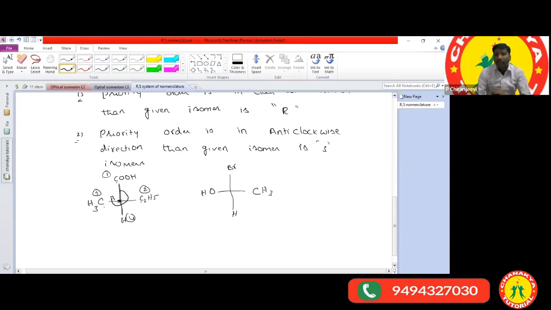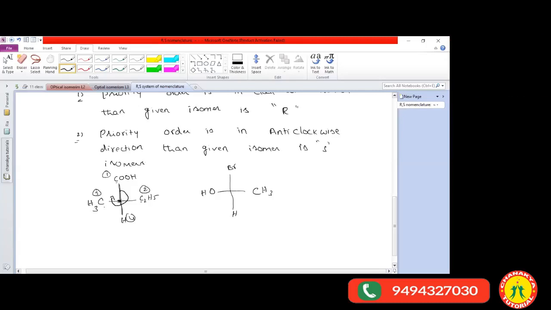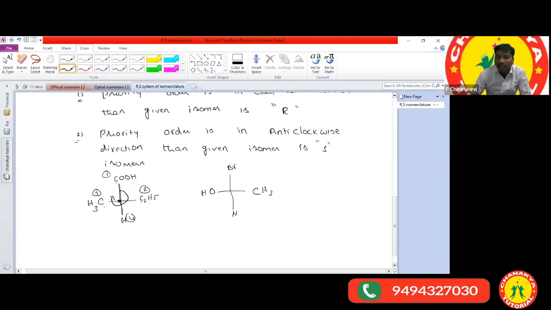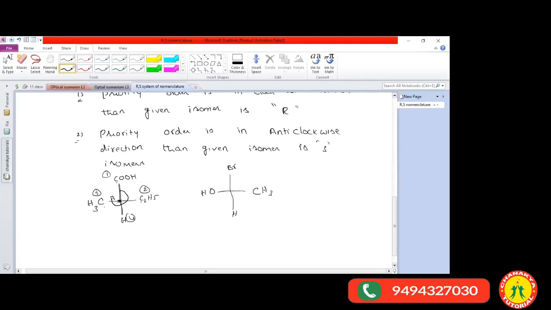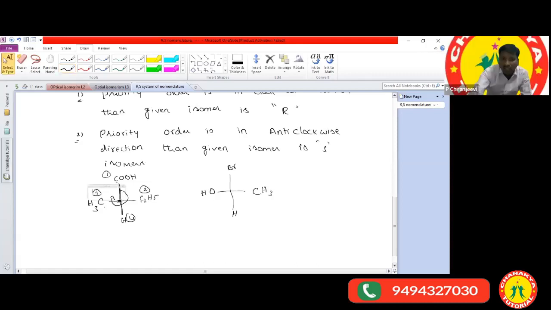If it is clockwise, what is the isomer, Sirisha? R isomer or S isomer? R. Okay. If it is rotating in the clockwise direction, then the given carbon exhibits as an R isomer. Second one. Can any one of you try for the second one?